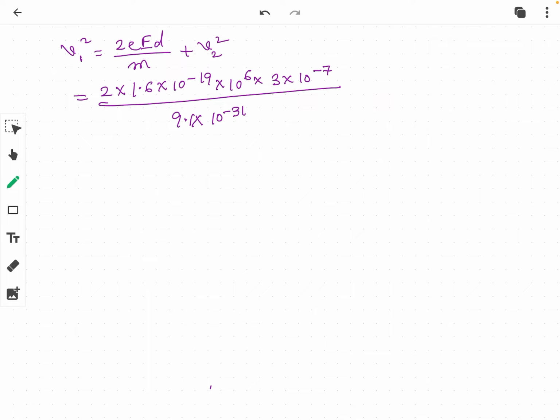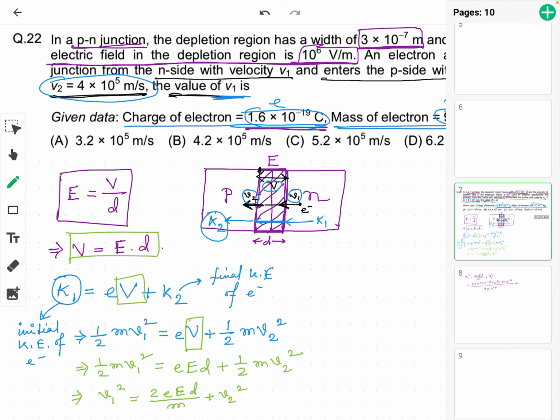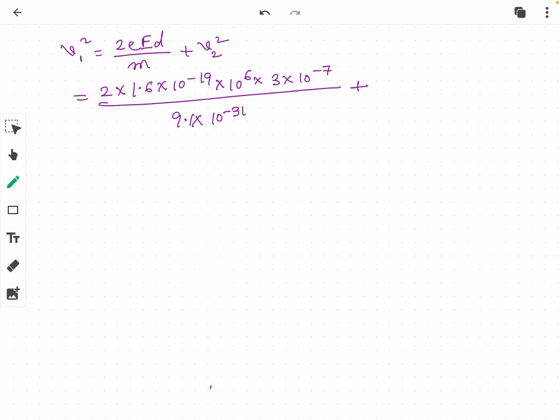Now V2 square. What is V2? V2 is 4 into 10 to the power 5 meter per second. So 4 into 10 to the power 5 whole square.